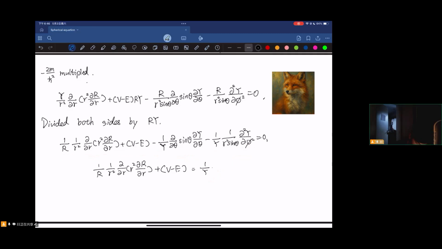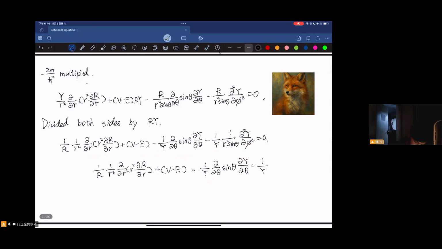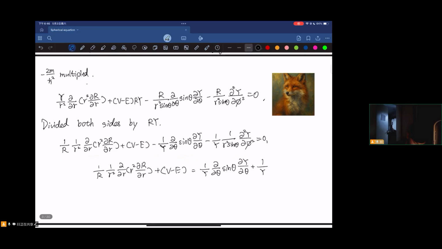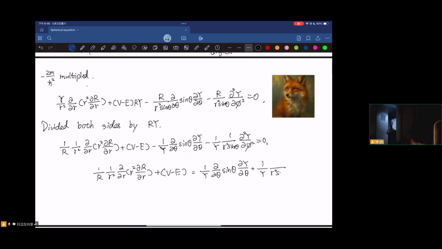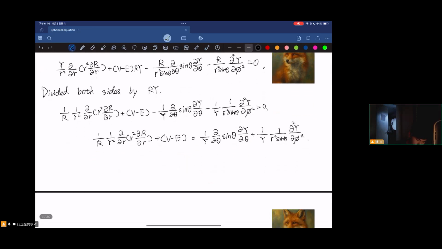Okay, so here. So basically I move everything related to the angle to the right side. Okay, so now the left part of the equation is related to r, the right side related to theta and phi. So we can say they both equal one constant.